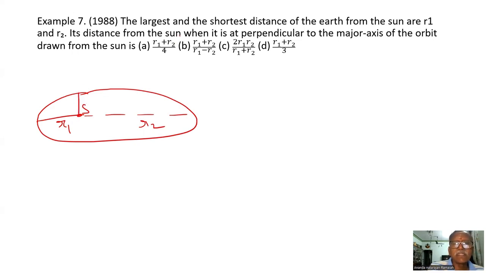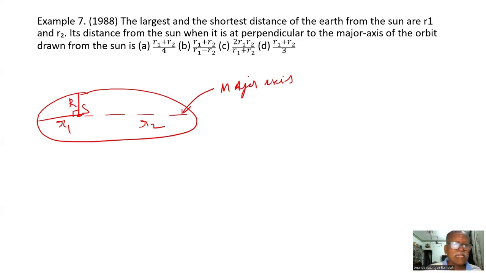This is the major axis. Let this distance from the Sun be R.